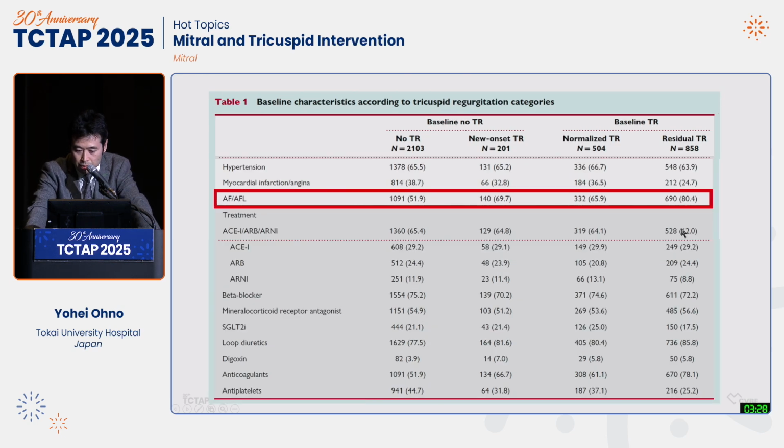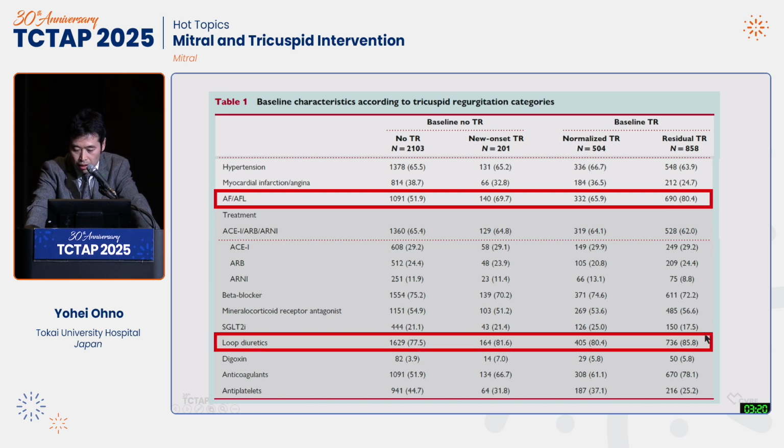Patients with residual TR had the most frequent AFib, and the majority were on loop diuretics.